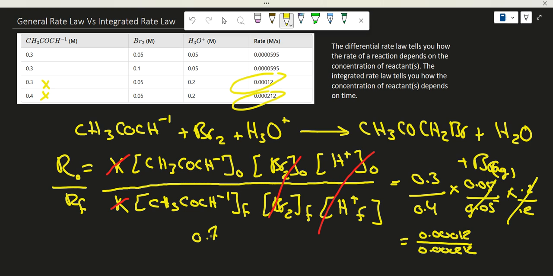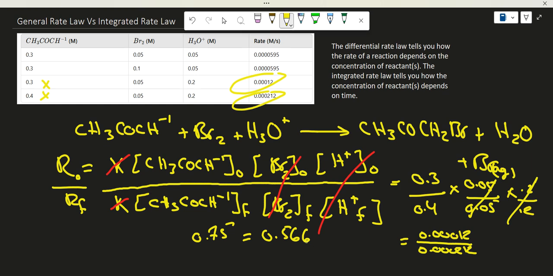So we got 0.75, which is pretty much 3 over 4. Another one is 0.00012 divided by 0.000030212, which is going to be equal to 0.566.